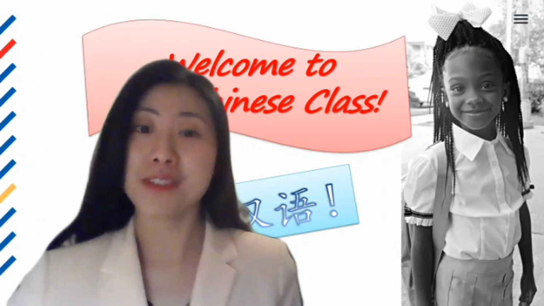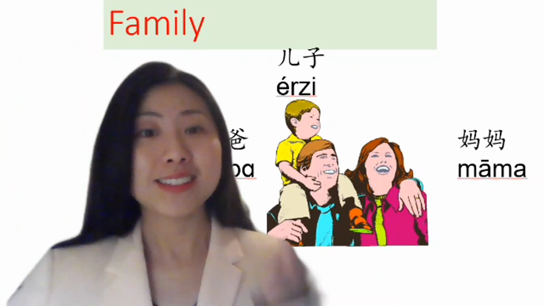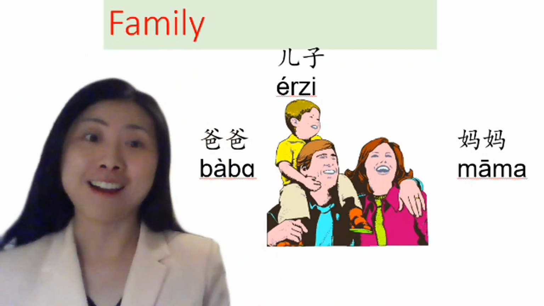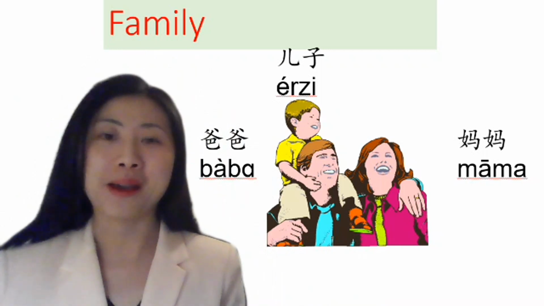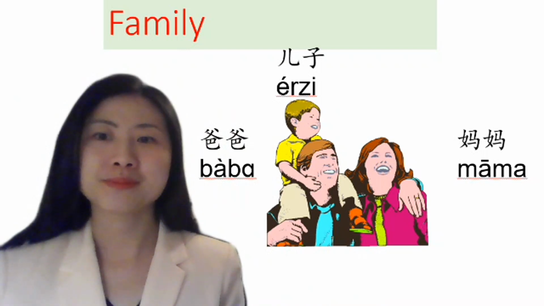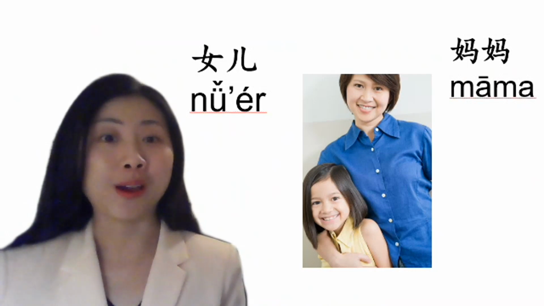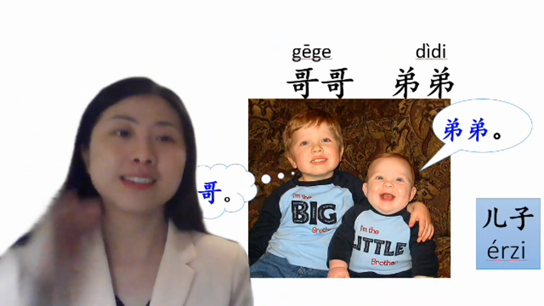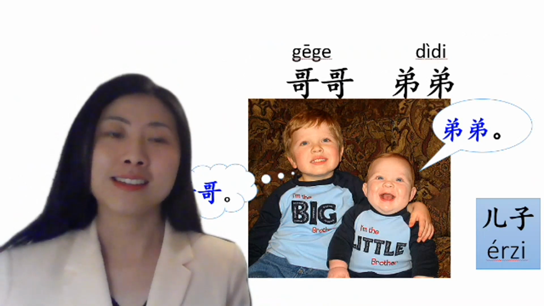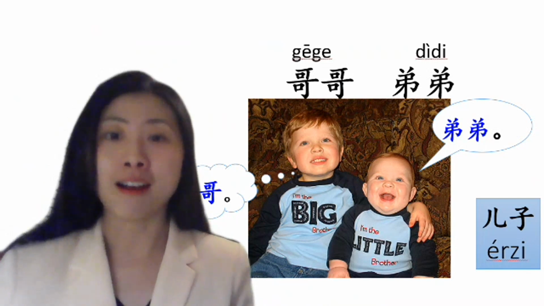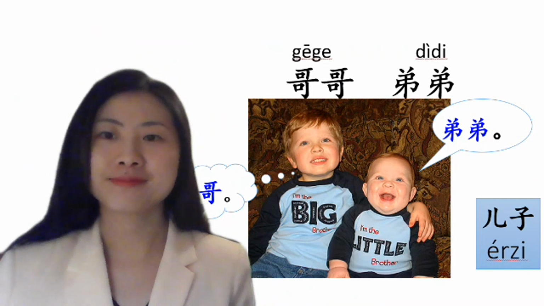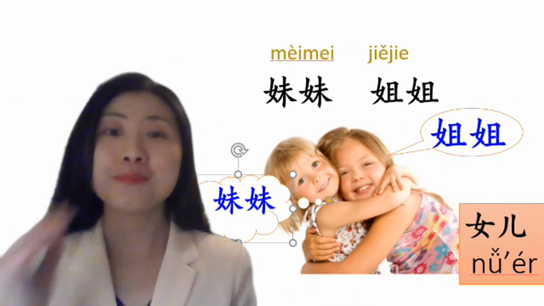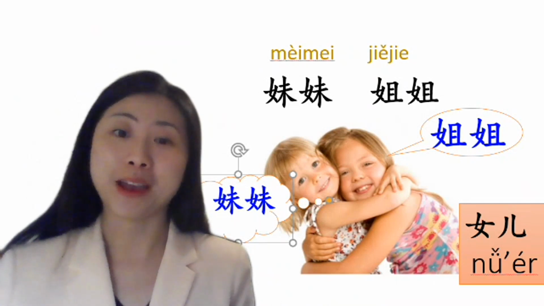Let's learn how to say some family members in Chinese. 儿子，爸爸，妈妈，女儿，哥哥，弟弟. They are the son in the family. We say 儿子. 姐姐，妹妹. They are the daughter in the family.